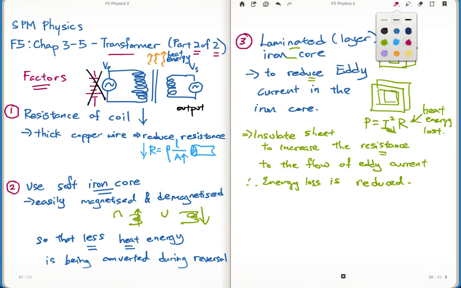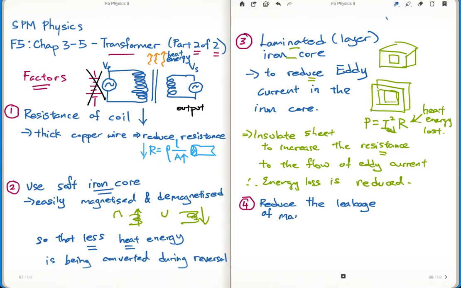The last factor, there are only 4 factors. The last factor is you need to reduce the leakage of magnetic flux.